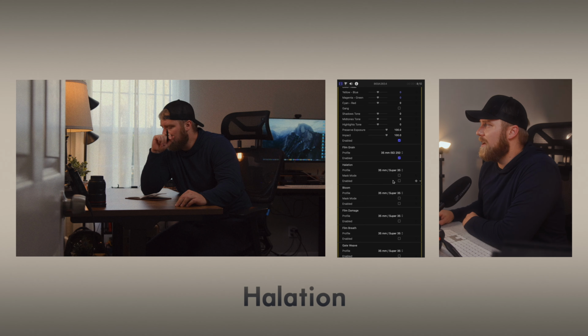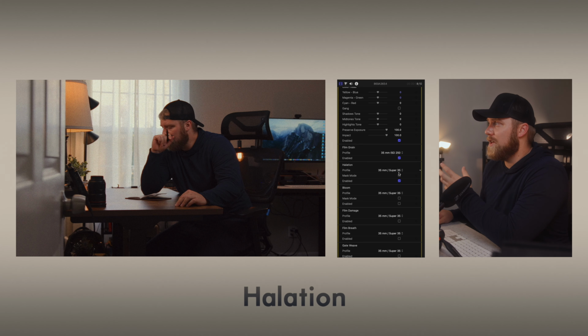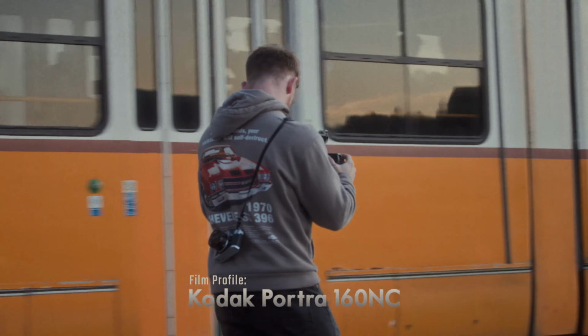When I toggle this on, you can look around the edges of the light here and you can see it. You can adjust the different types of halation and see the different intensities it offers, and it's pretty cool. I don't like it to be super intense. I like the 35mm halation option because it's not overpowering, but it's there just a little bit.